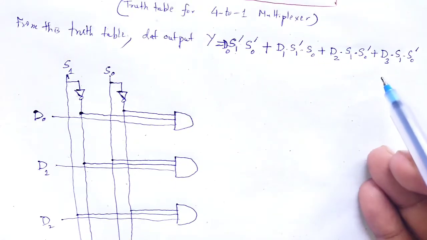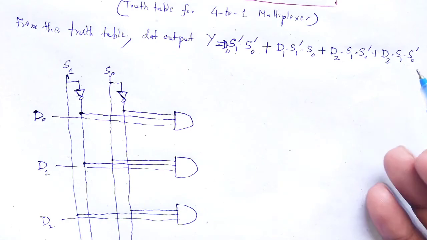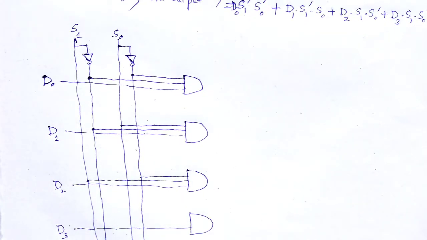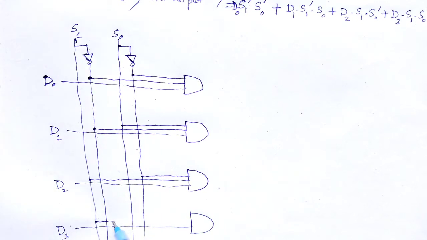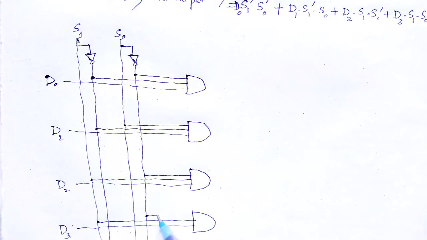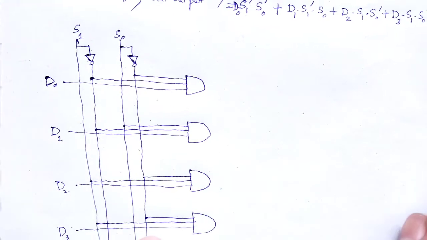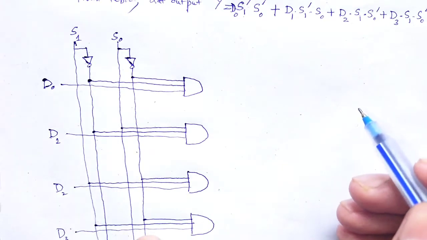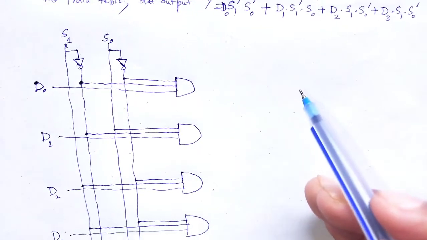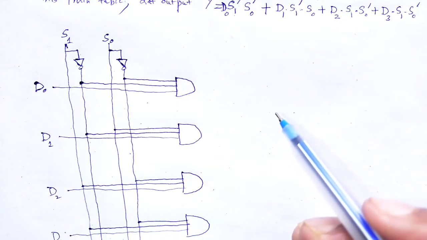Next D3 S1 S0, this is the S1 line and S0 line.